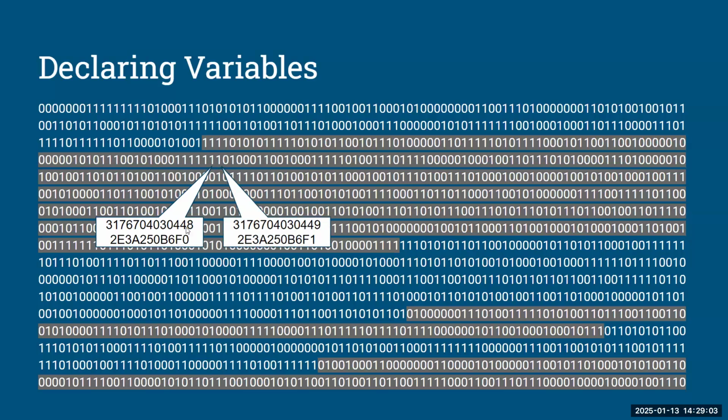Notice these two next to each other. We have 48 and then 49, or we have an F0 and an F1. So there's some increment here for each byte. So each of the 32 megabytes of memory has a specific location, and that location is going to be tied to the variable that we create.